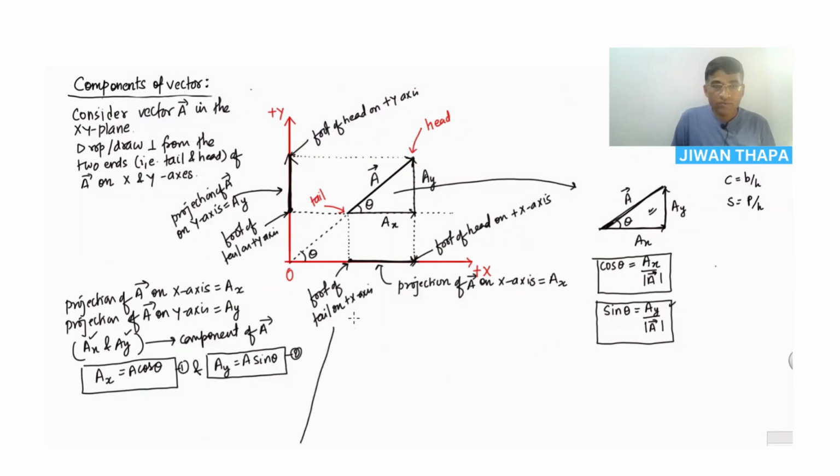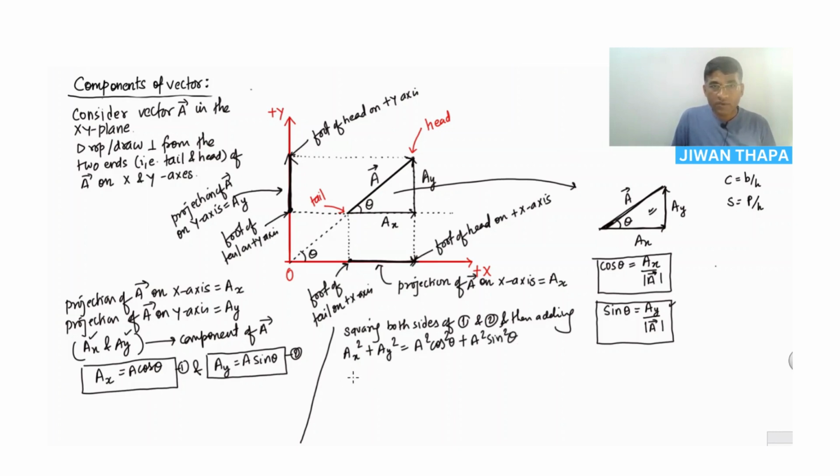Now, what we do: squaring both sides of 1 and 2 and then adding, we get AX square plus AY square equals A square cos square theta plus A square sin square theta.